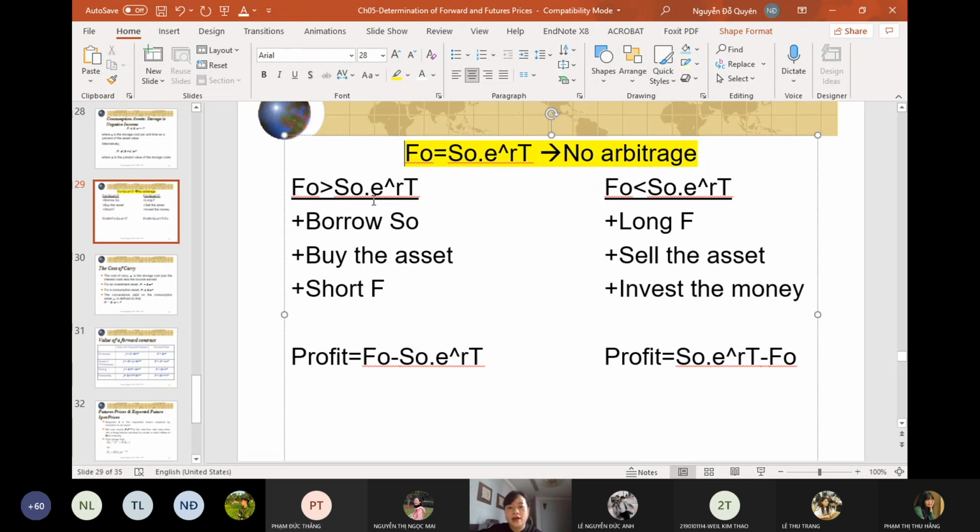If F0 is more than S0 multiplied by e to the power of RT, then we borrow at the spot price S0, buy the asset, and short forward. The profit that we can realize would be the difference between F0 and S0 e to the power of RT.